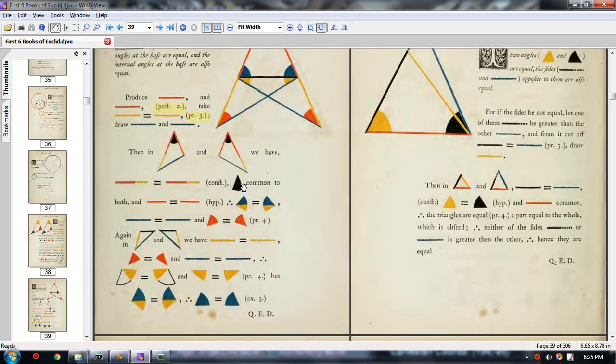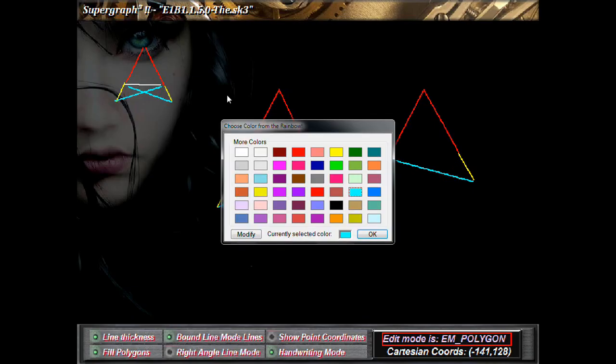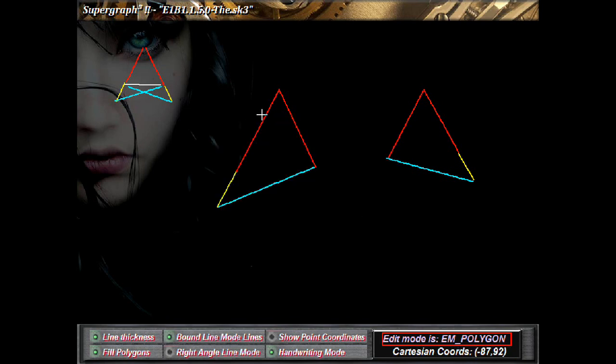And the black angle, which I'll have to indicate as white, is common to both of these triangles. That's this angle here. Okay, that's this angle.